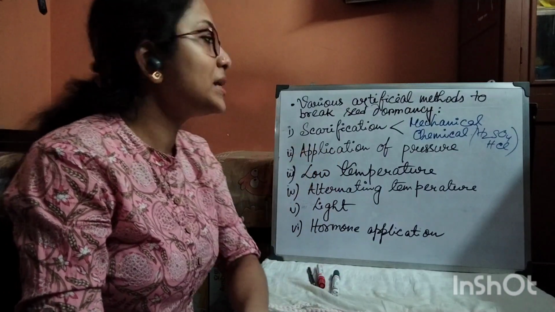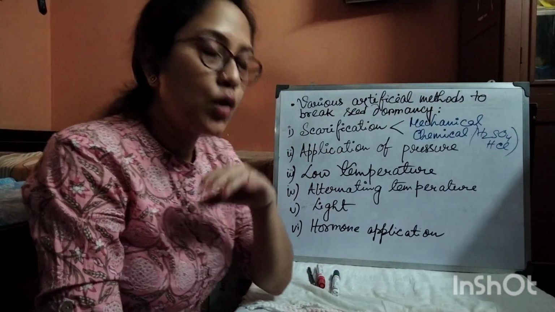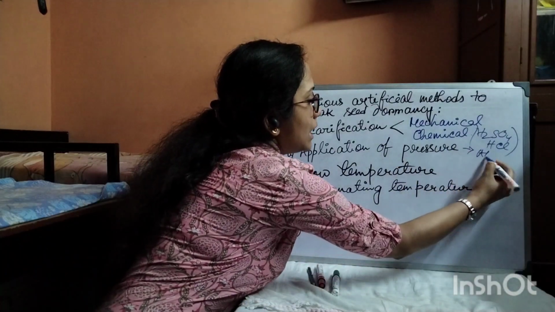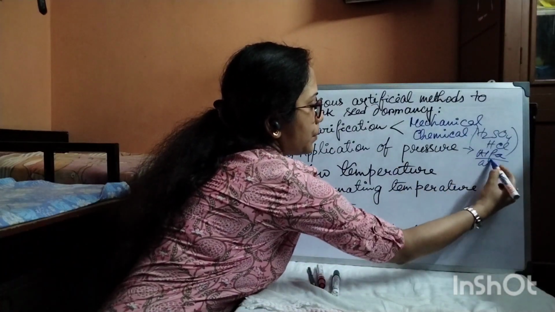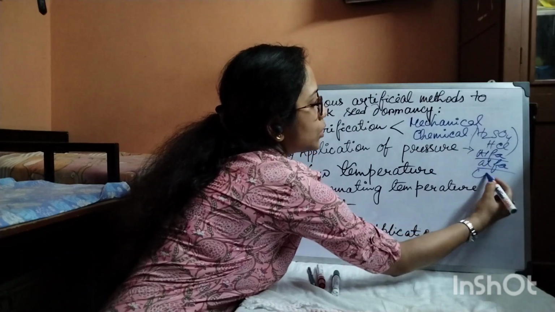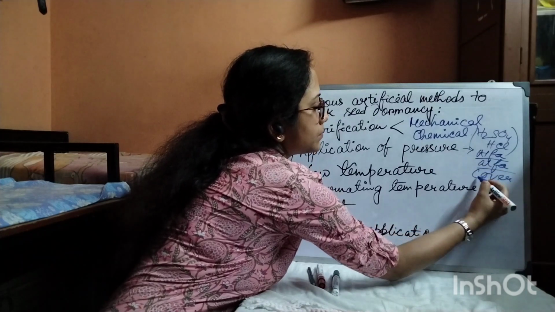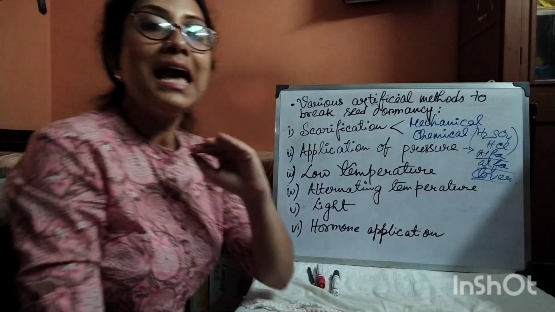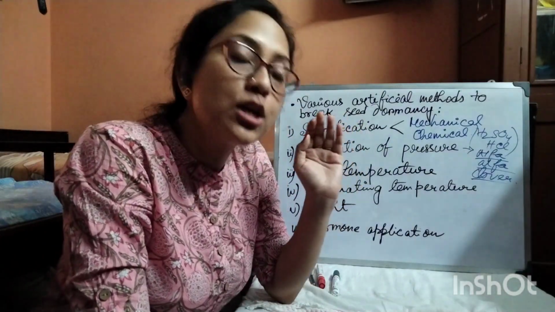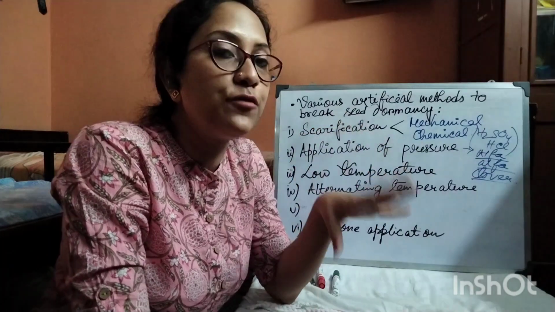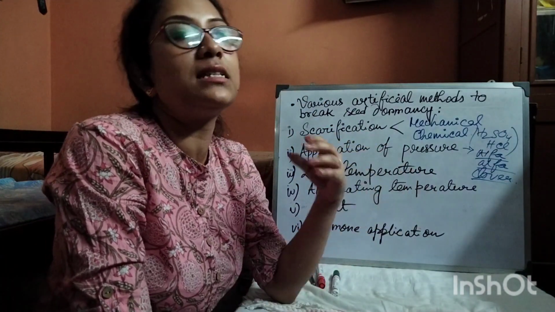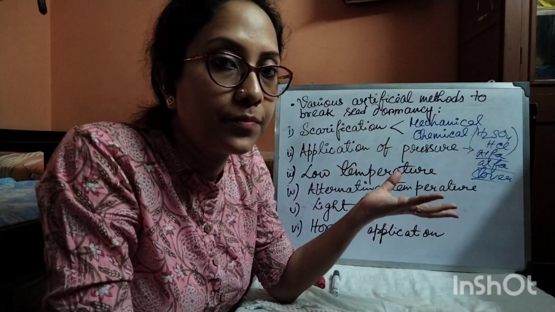The next is application of pressure. In the case of alfalfa or clover plants, at 18 degrees Celsius and 2000 atmospheric pressure, if we apply this to the seeds, within 15 to 20 minutes the seed will start germinating.